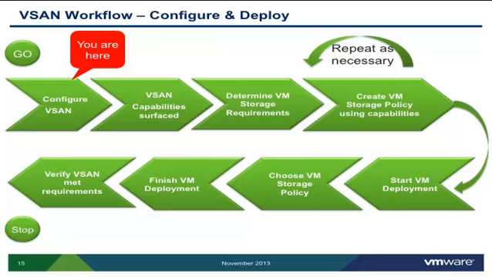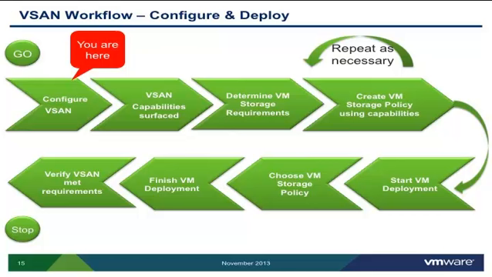How many failures to tolerate, which is basically the mirroring factor, and so on. The bottom of the line then is just the deployment mechanism. As you run through the deployment, you're selecting a particular storage policy for your virtual machine. So you're not creating LUNs, you're not creating volumes, you're selecting the appropriate policy that you built previously for your virtual machines.